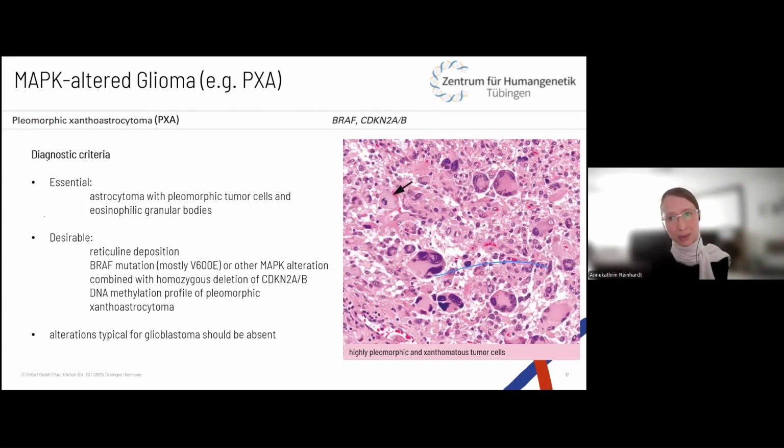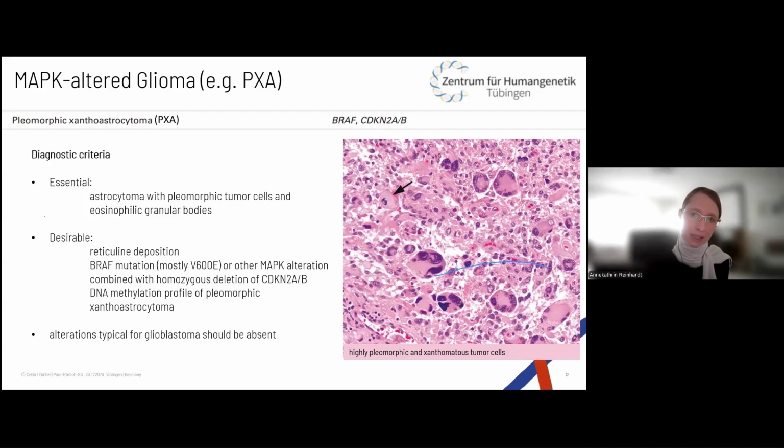I think this is a little bit tricky, and I would recommend to do molecular profiling here, especially for MAP kinase alterations and for CDKN2B homozygous deletion, because what we see in the molecular profile of these tumors is that most of them, 60% approximately, have BRAF V600E mutation, and there are other PXAs that have other BRAF mutations or also other MAP kinase alterations, for instance, in RAF1.